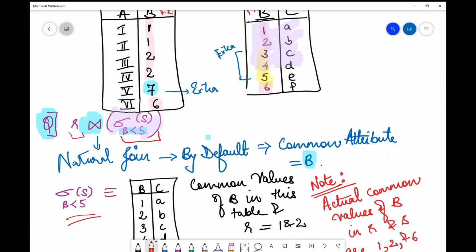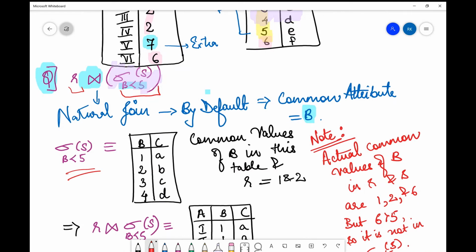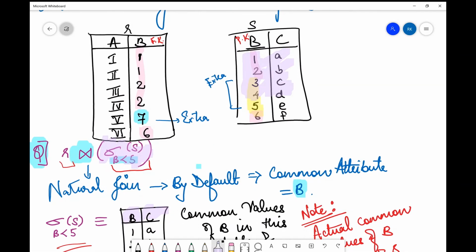So 6 is essentially not present in this particular table. Therefore we are not going to consider 6, although it was common in both R and S, because it is not present in this subset of records. The records having B equals 6 are not going to be present in the final result of the join. So we are just going to consider these values.